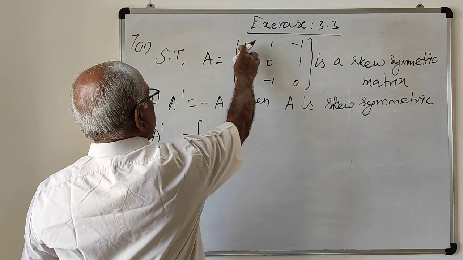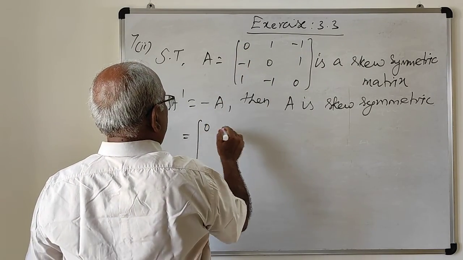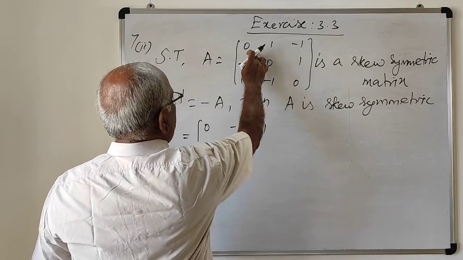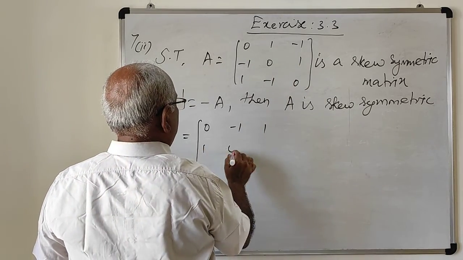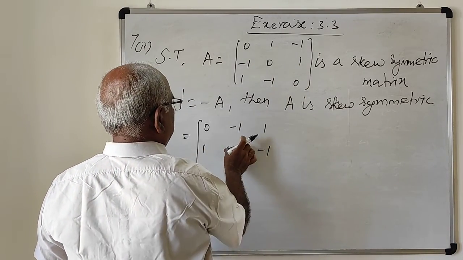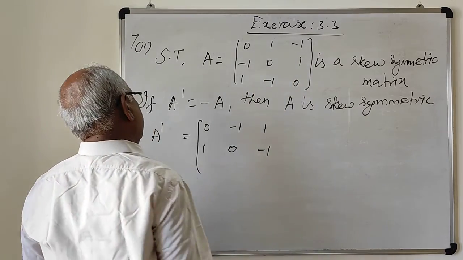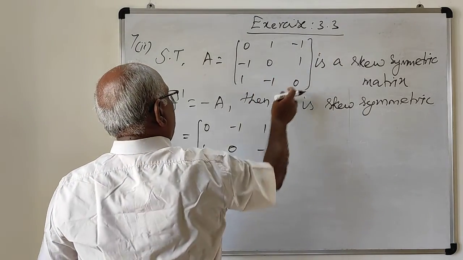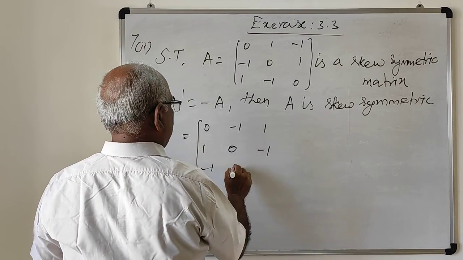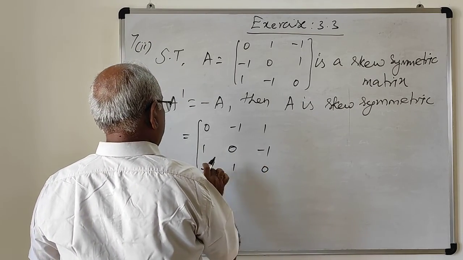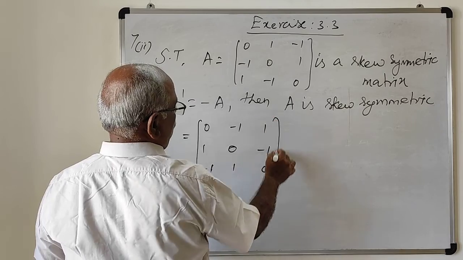A dash, just transpose. First column becomes first row: 0 minus 1 1. Second column becomes second row: 1 0 minus 1. Third column becomes third row: minus 1 1 0.